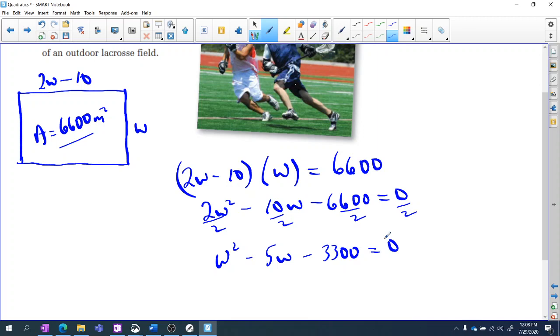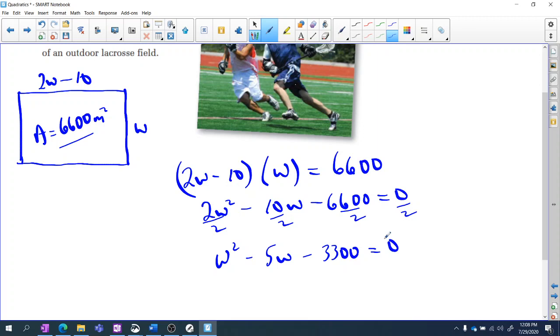Let me try a couple different things here. Let's try dividing by 25 first, see what happens there. That's not even close. Let's try 3,300. Let's divide by 50 and 66. That's no good either. Oh my goodness.